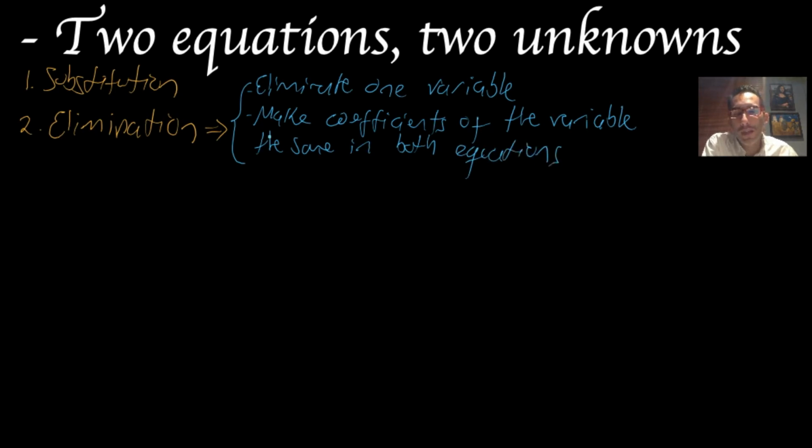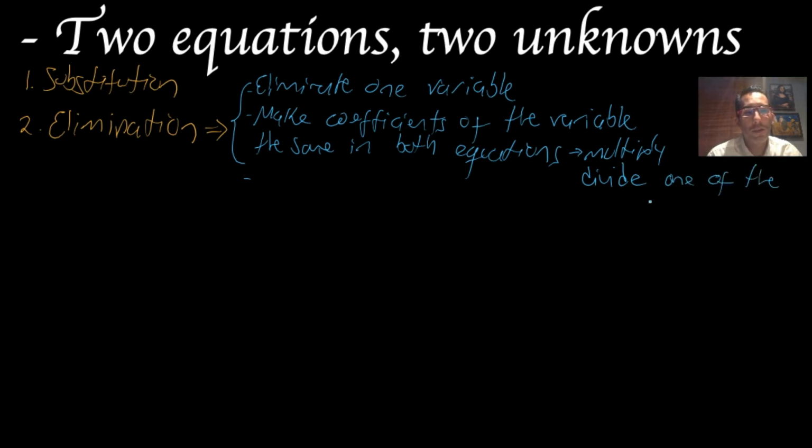That's going to be our very first step. Then the next step is how do you make the coefficients of the variable the same in both equations? So this will be mainly by multiplying or dividing one of the equations. We're going to show and go over these steps again with the next example.